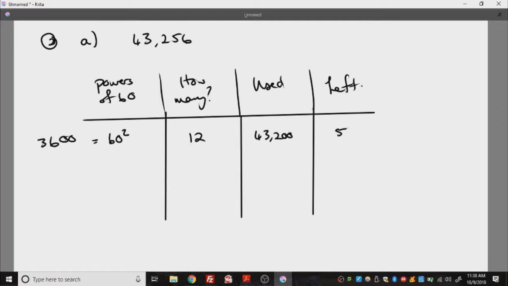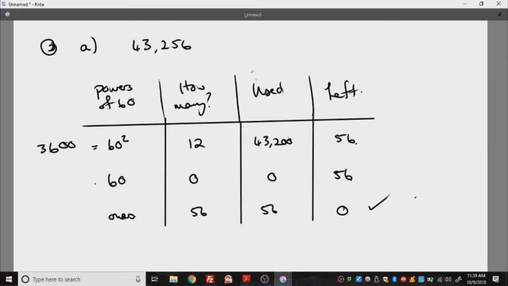Oh, not a lot. 256. But once you start with a power of 60, you have to go all the way down. Can't skip them anymore. So I do have to consider the 60s. Clearly, in the 56 that are left, no 60s can fit. I've used nothing. I still have 56 left. And the ones will take all of them, use all of them, nothing left, done.